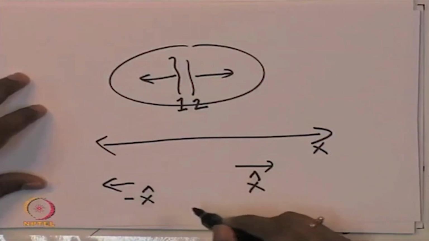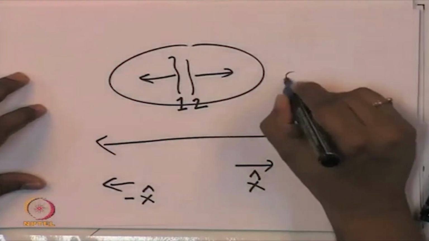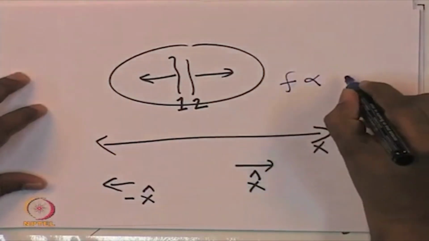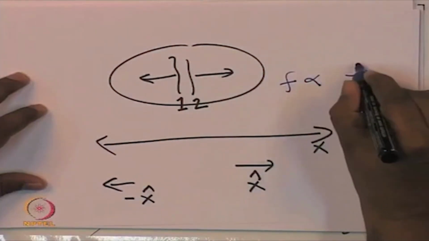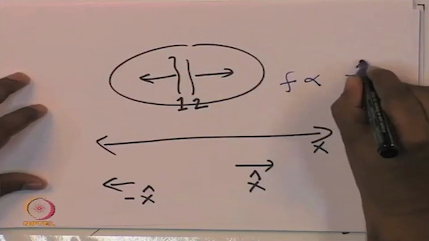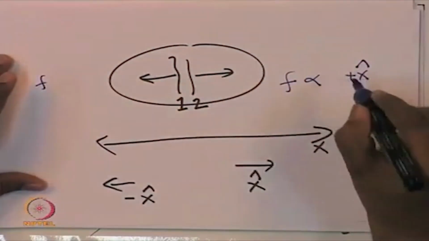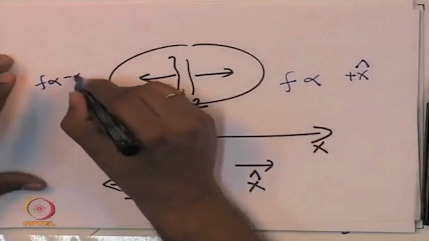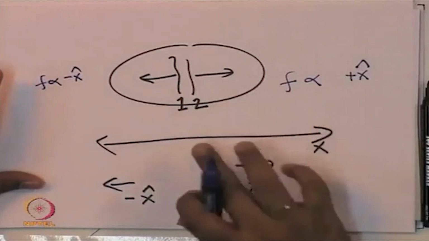The force along this has to be some constant times minus x, and here plus x, and here it has to be minus x. So, this is clear from this. This is the basic idea.